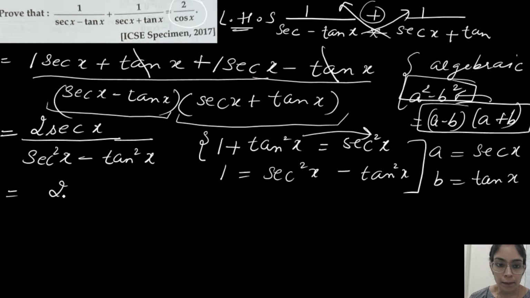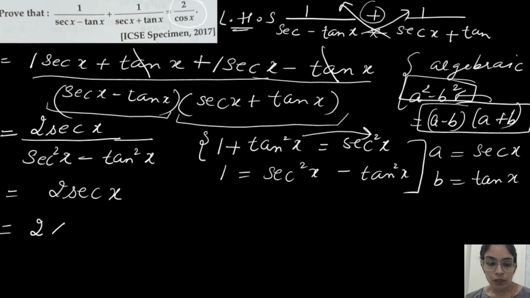So this will become 2 secant x by 1. Now by 1, it's not required to be written. You can only write it as 2 secant x. Now see, the left hand side is 2 by cos x. Till here we have done, we know secant and cos are related by the reciprocal relation.